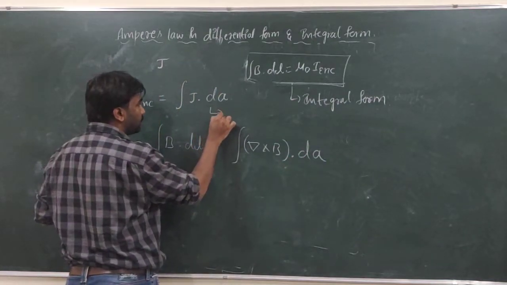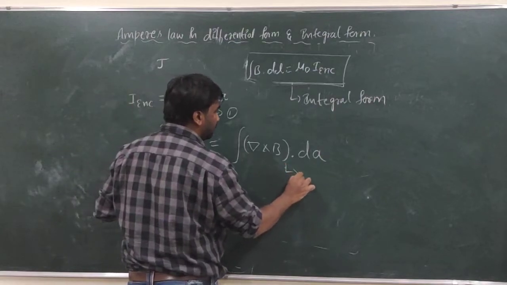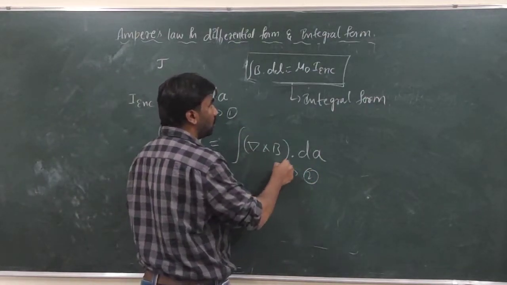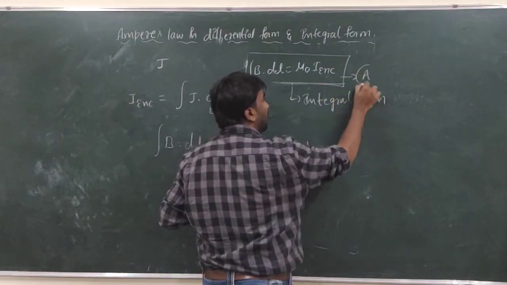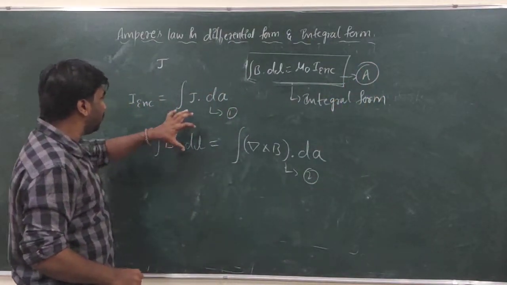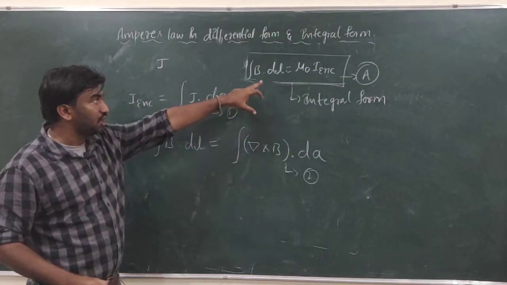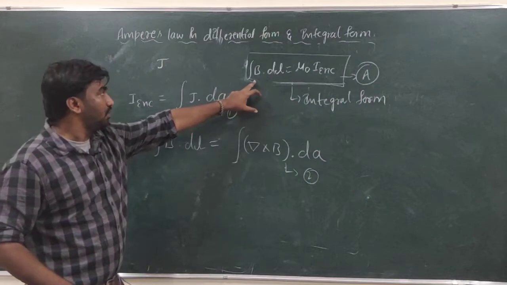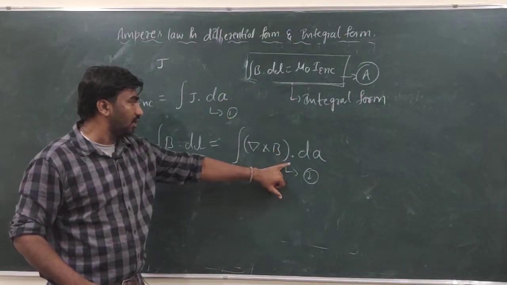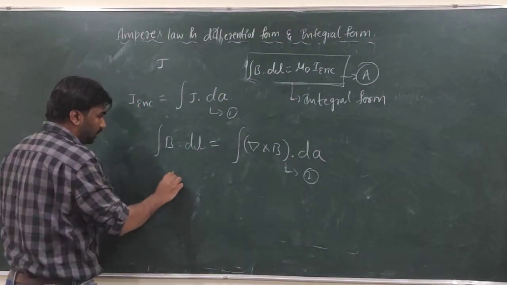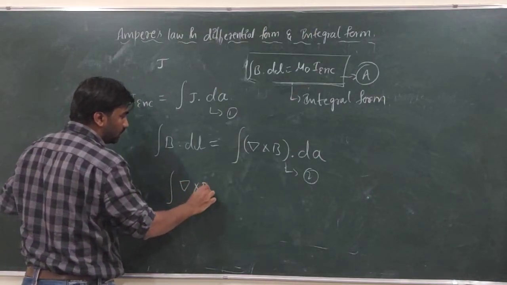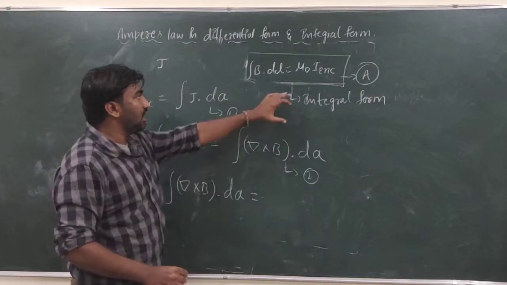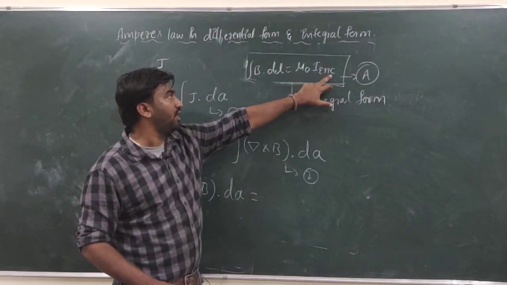So this is my equation number 1 and this is my equation number 2. If you substitute equations 1 and 2 in equation number A, on the left side we have the integration of B dot dl. So in place of integral B dot dl, I am substituting del cross B dot dA. So the integration of del cross B dot dA is equal to, on the right side, I am substituting the value of I enclosed.